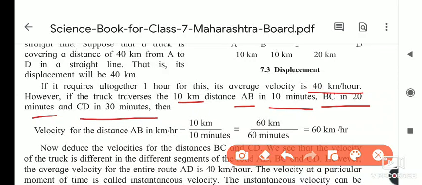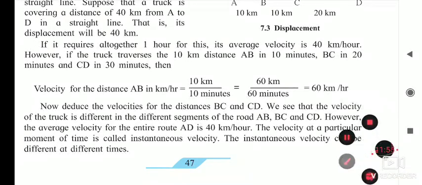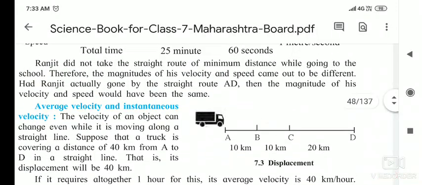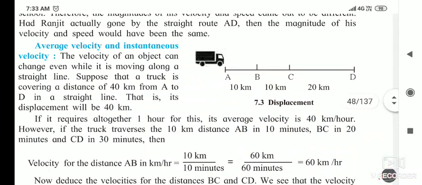We have to take the average velocity for this. So see here, the velocity of the distance AB in kilometer per hour, for 10 minutes. How much is that? 10 km means which 10 kilometers? This first 10 km distance from A to B. Okay, that we are finding now.